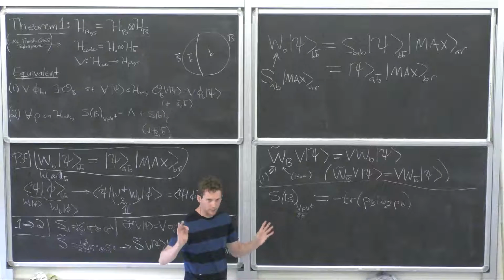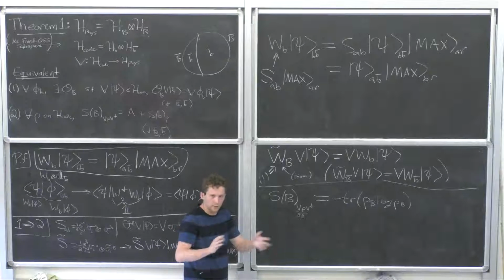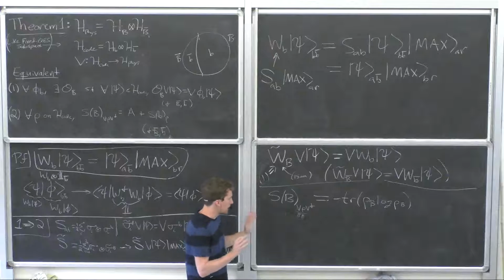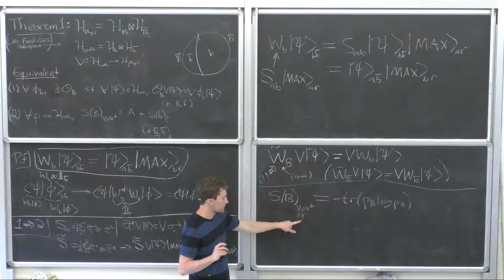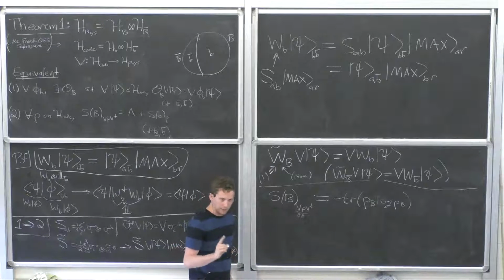If you acted some general operator on both of them together, you could change the entropy. But if you act an isometry just on capital B, or just on capital B bar, it won't change it. Let me prove that to you.